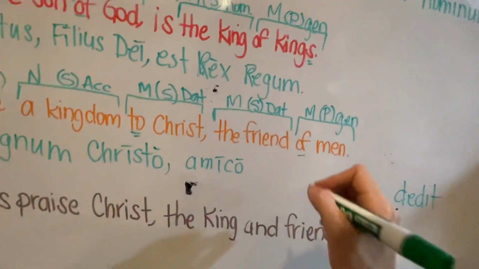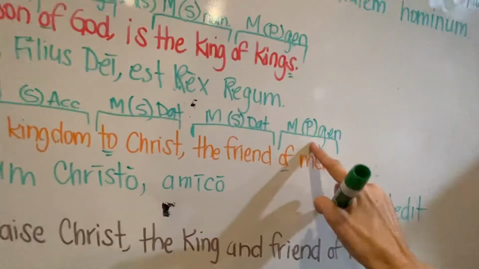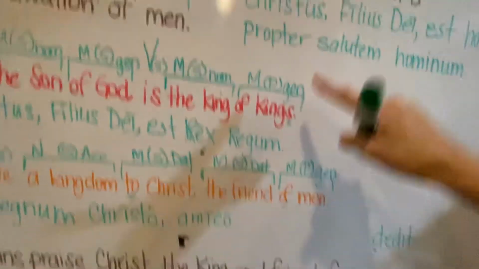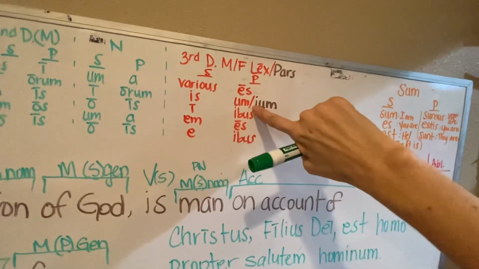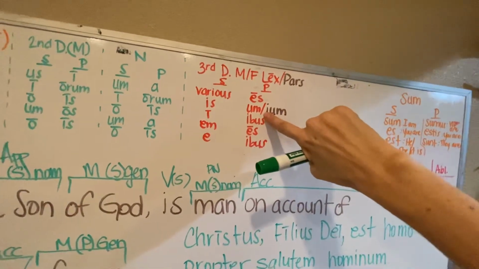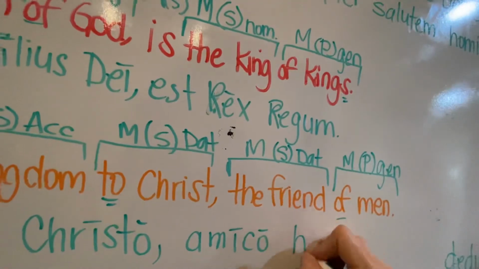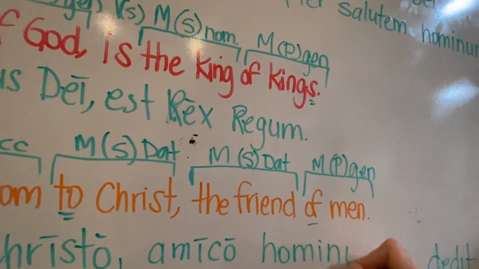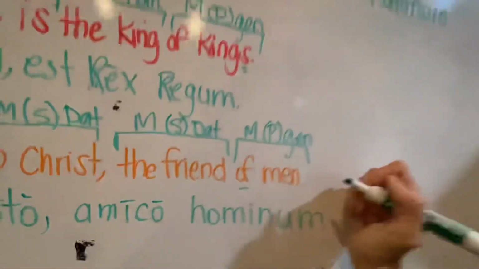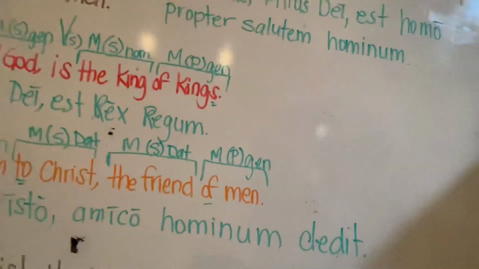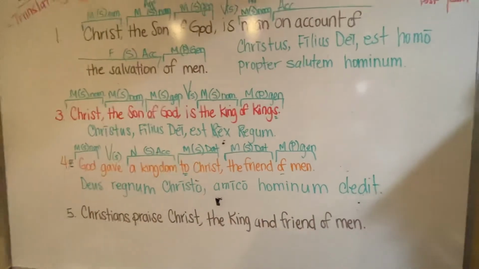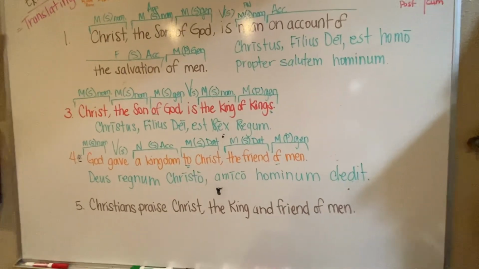And then of men, we've got a genitive plural, and it's homo, hominis. Okay, genitive plural. So it's going to be hominum. And then we've got our dedit, which I'll just write a little bit closer for you. All right. And that ends that one.